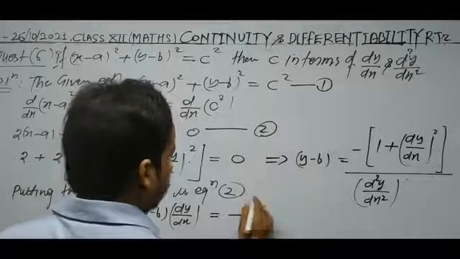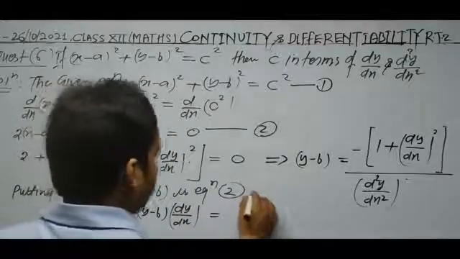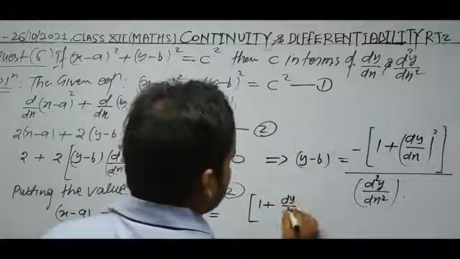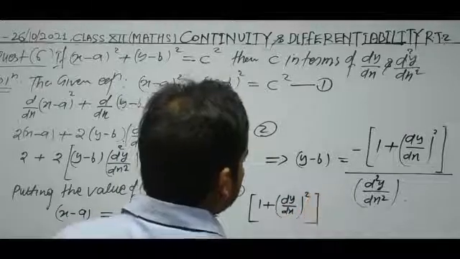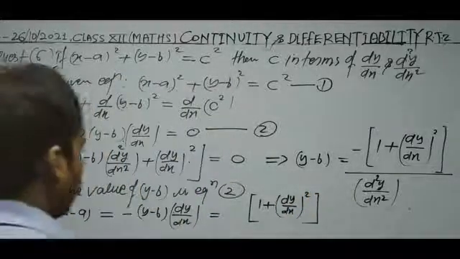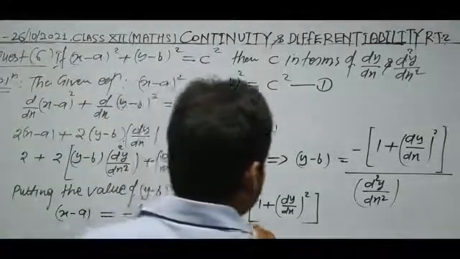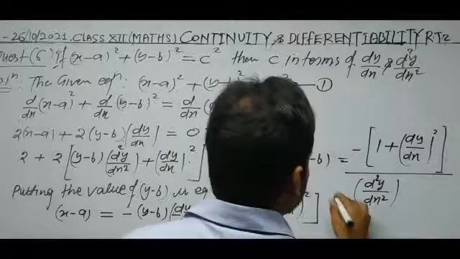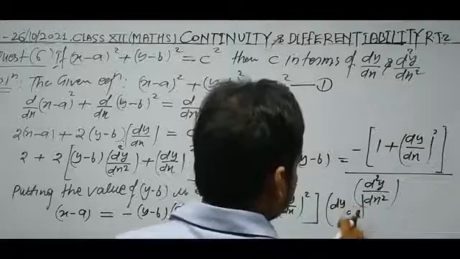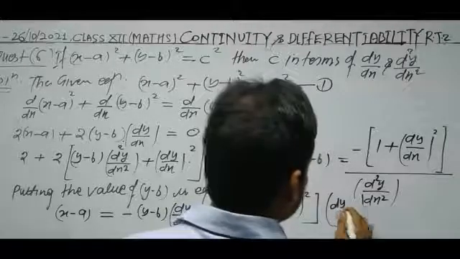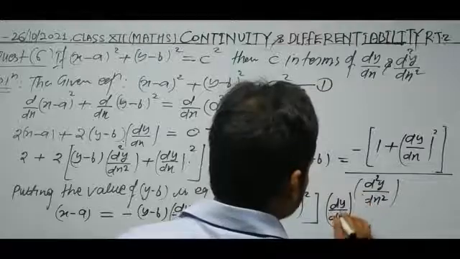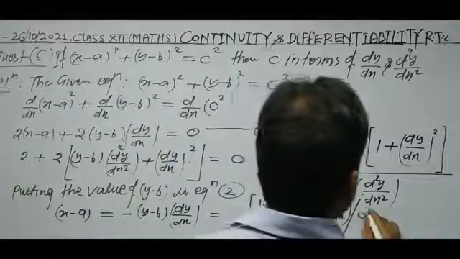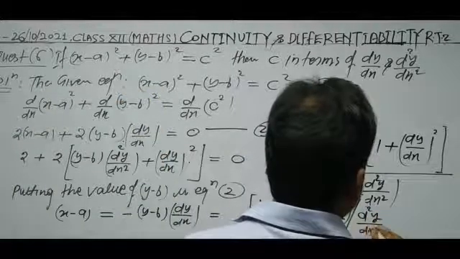So it will be plus: 1 plus dy by dx whole square into dy by dx, whole upon d2y by dx2.